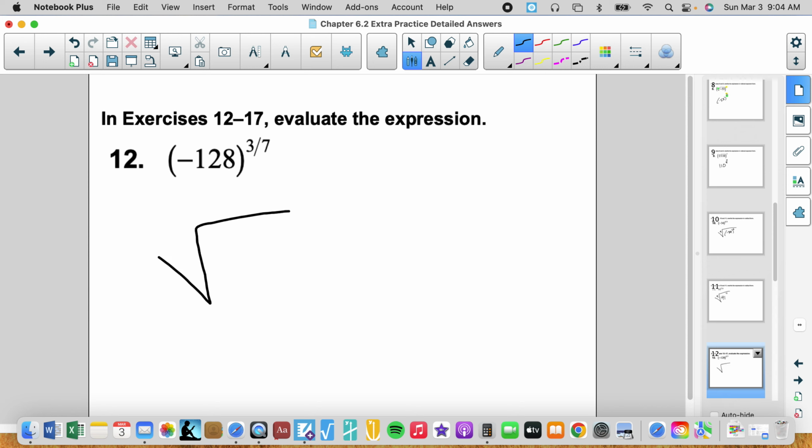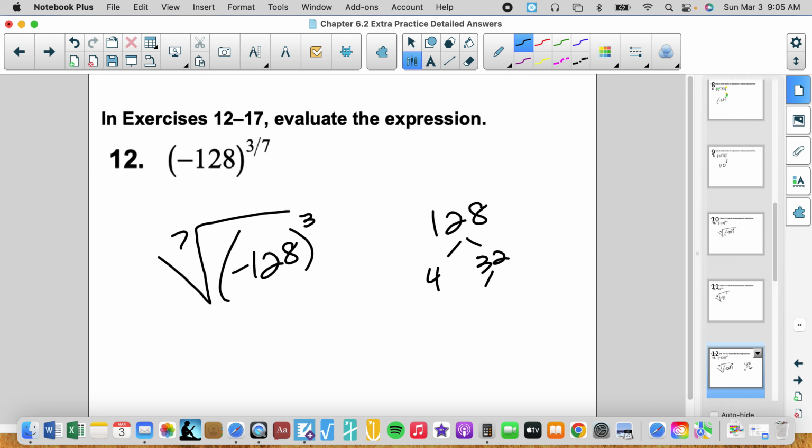We have the 7th root of the quantity of negative 128 to the 3rd power. And now we have to simplify this. Well, I don't know if I'd do it in that power. 128. Well, let's look at 128. So I like 4. 4 goes into it 32 times. 2, 2. Wow.